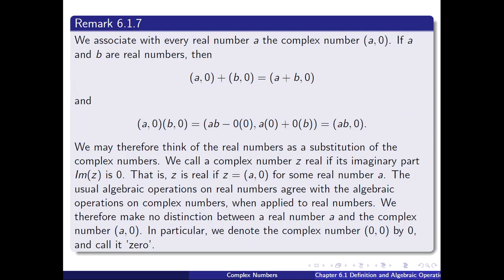So we associate with every real number a the complex number (a, 0). So what does that mean? That means that to represent a real number a as a complex number, you can represent it as (a, 0).